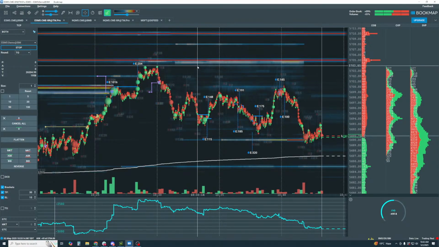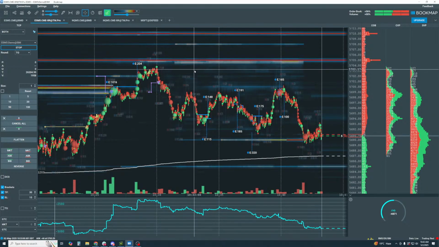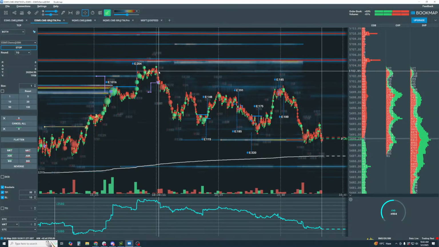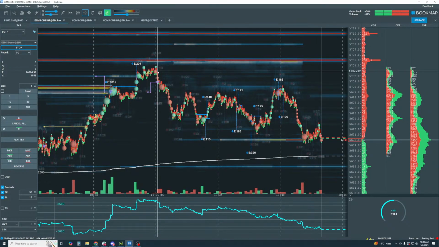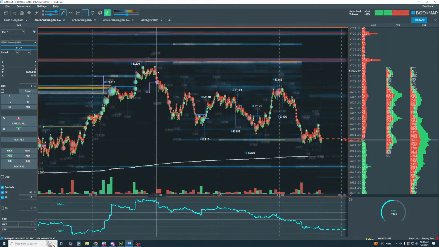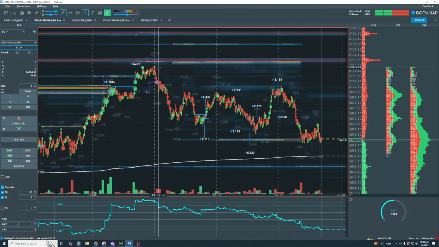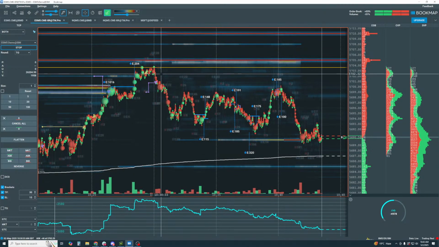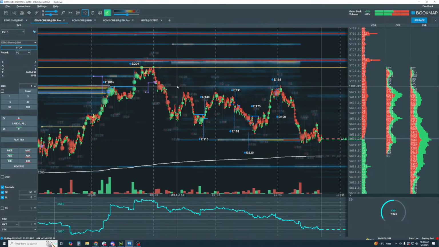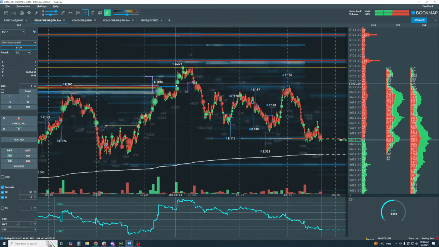So Doug, your options level is up here at 03, and that's really right where we came to, and it really just stopped. Let's put a high of day up here, and we also have an options level from Doug. Okay, some resistance there.